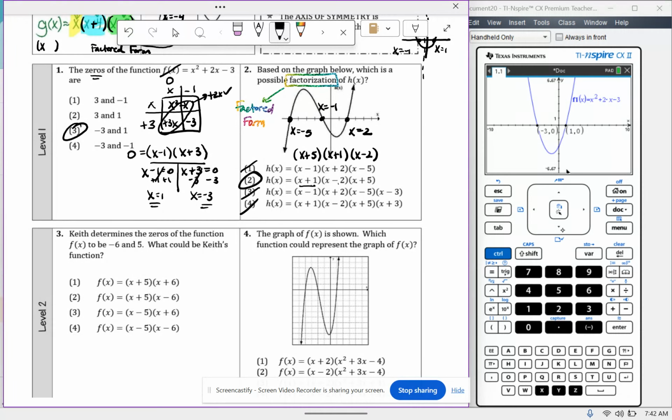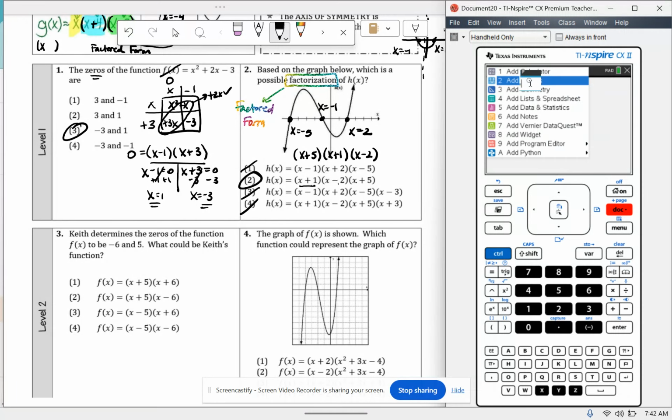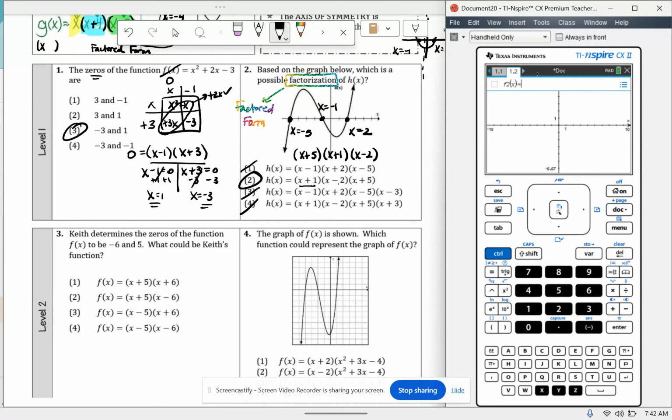And now you can also check your answer and make sure you're right by graphing the answer choice 2 and seeing if it looks like the one that was given as h of x in the picture. So I'm going to type in x plus 1, and then I'm going to put a times in between the factors because sometimes the graph doesn't like it when you don't put the times. It says something like implied multiplication.